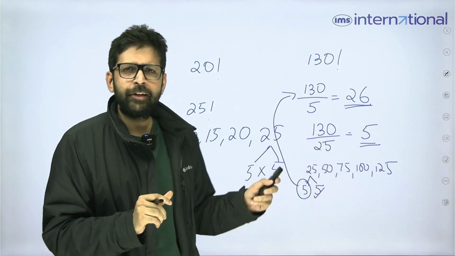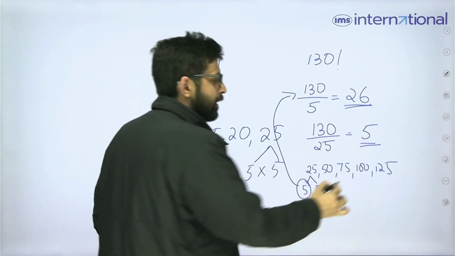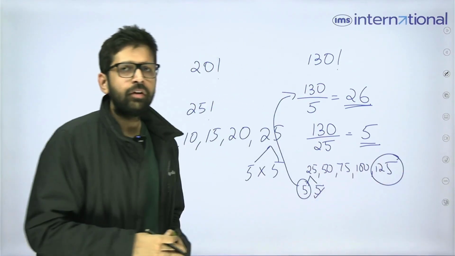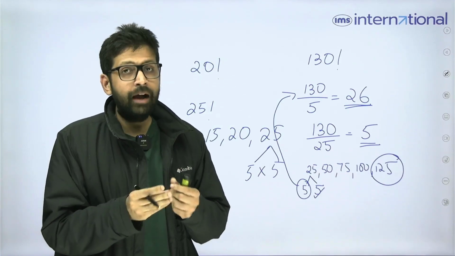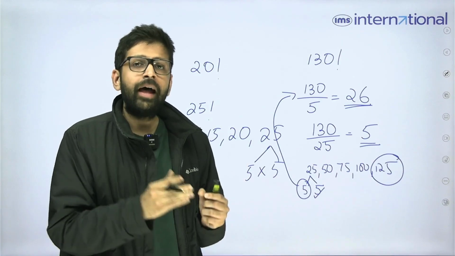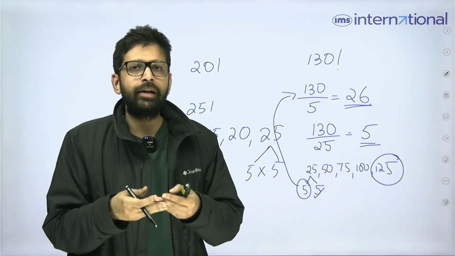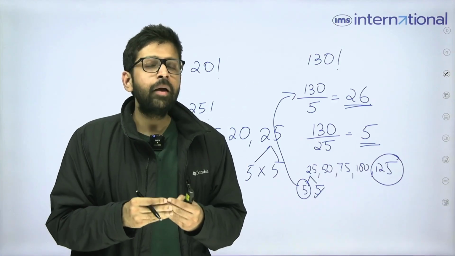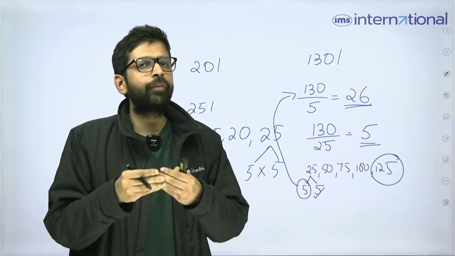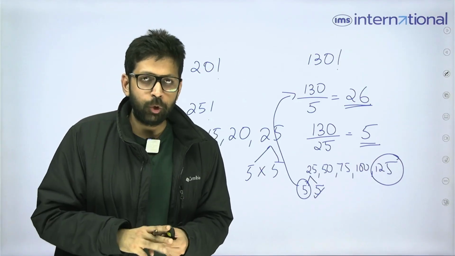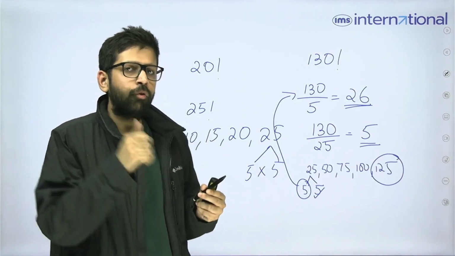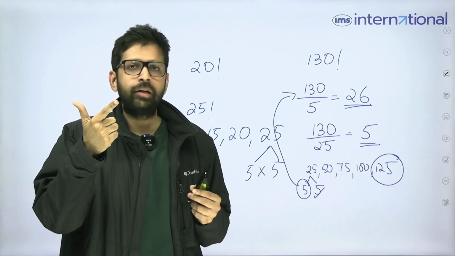But wait, there's one very specific number over here, that is 125, which will contribute 3 5s. And therefore, I will have to consider such cases as well. And therefore, now I would count the multiples of 125 as well, because any multiple of 125 would be contributing 3 5s. 2 of them which were counted earlier, one in multiples of 5 and one in multiples of 25.